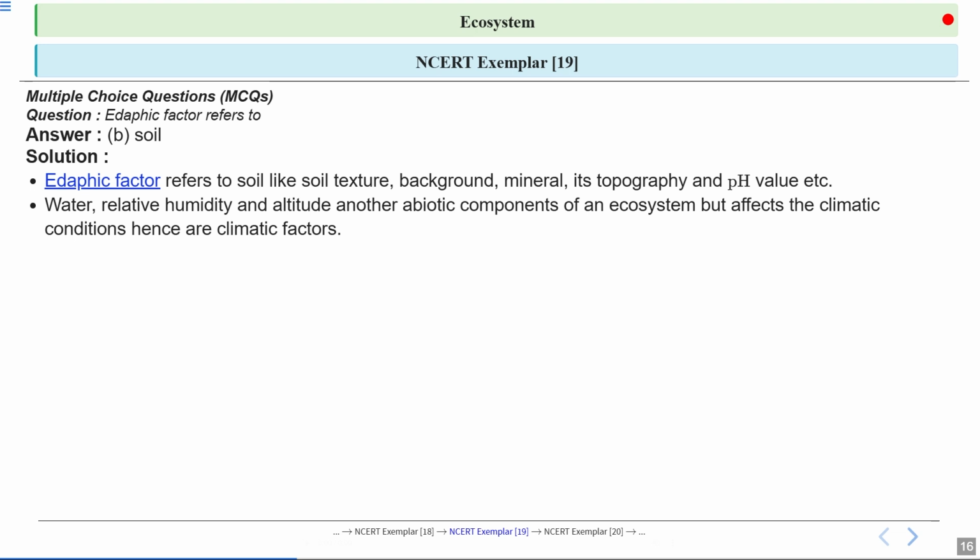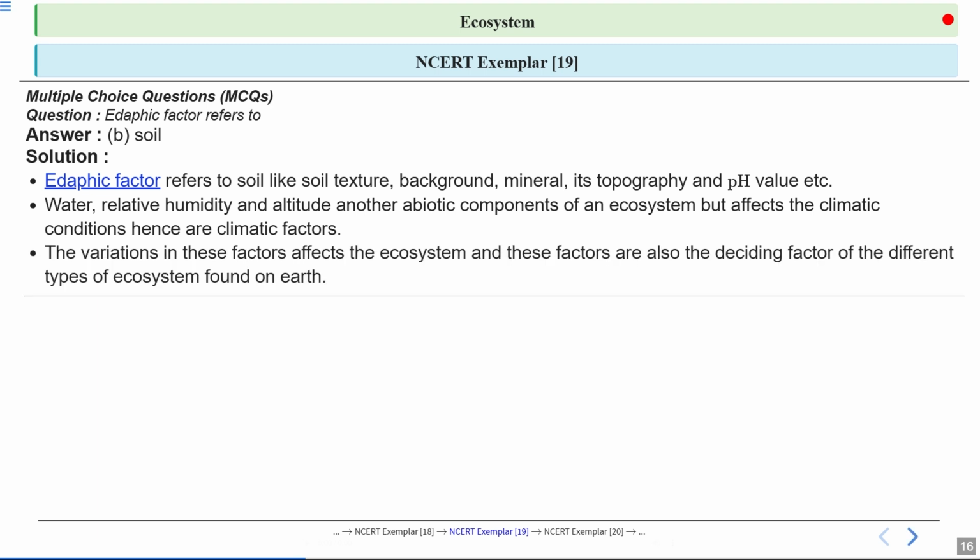Let's consider other abiotic components of the ecosystem such as water, relative humidity and altitude. Now, these factors influence the climate and are therefore categorized as climatic factors. It is very important to distinguish between edaphic and climatic factors because they affect the ecosystem in different ways. For example, while soil provides nutrients, climatic factors like humidity and altitude influence temperature and weather patterns.